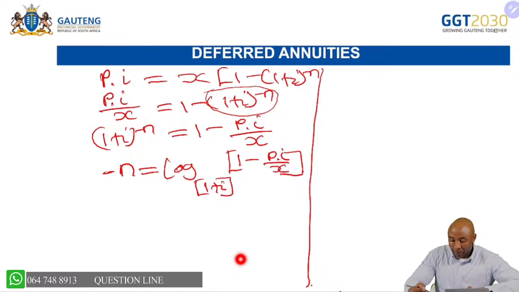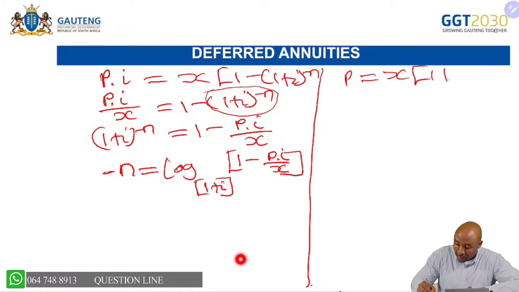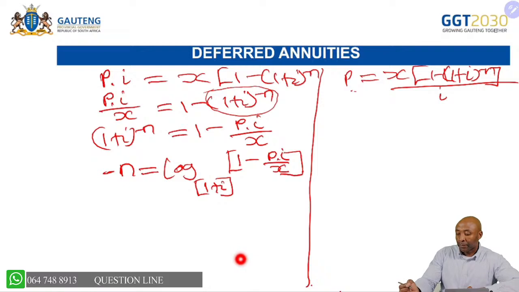So when I'm doing my simplification before I punch it on the calculator, I am able to do the simplification and then punch this on a calculator. It makes my life easier rather than substituting P there, X, 1 minus 1 plus I to the power negative N, all this over I. I'll do my substitution there, but when I'm punching on the calculator, I'll punch this one so that I get my answer faster.